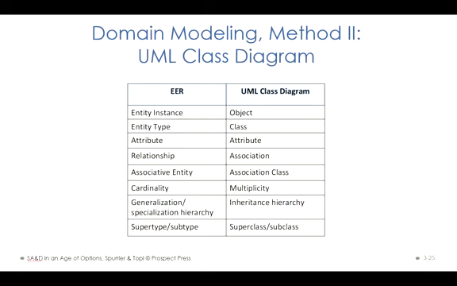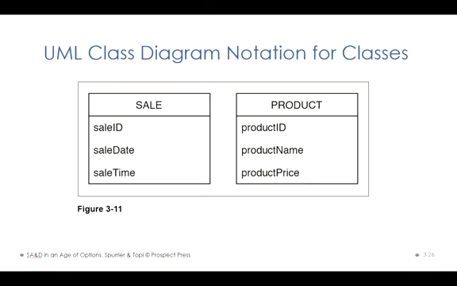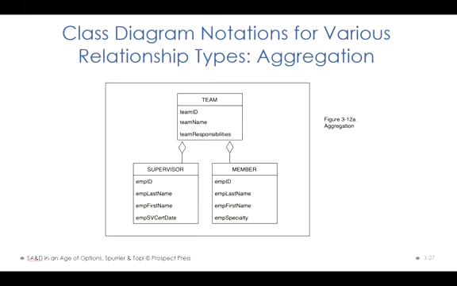One is that entity is called class, the association is called the association class, and cardinality is called multiplicity. UML notation is very similar to ER diagram notation, but as you can probably see, there is no so-called primary key in the UML notation. And the relationship and multiplicity are represented differently.